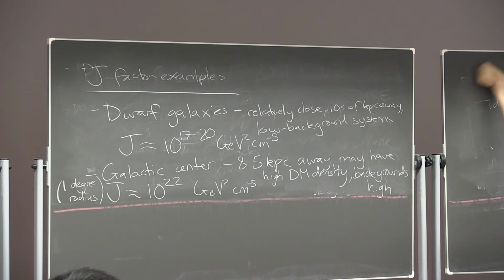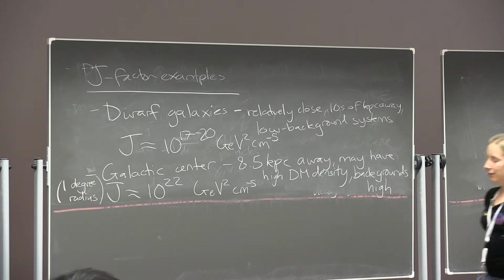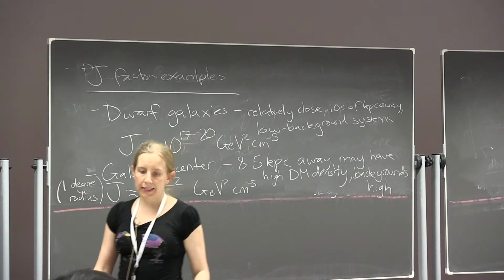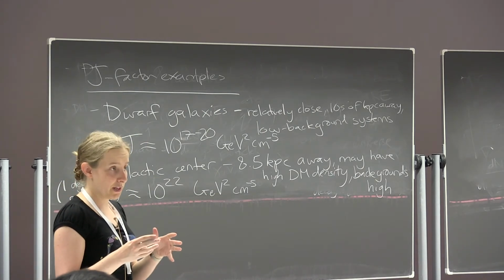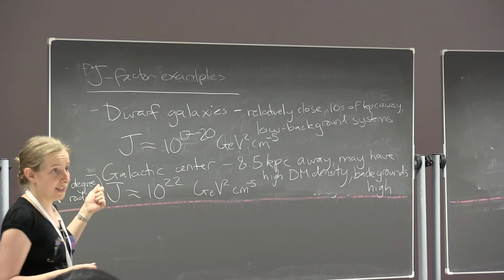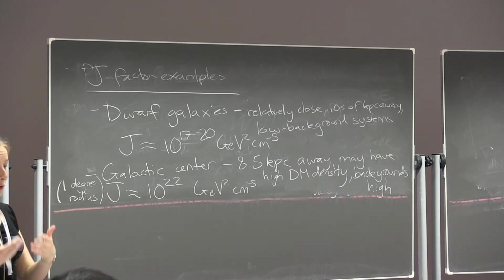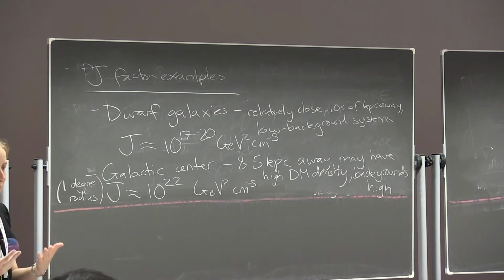The uncertainties in these J factors can be pretty large, but the type of uncertainty differs. For the dwarf galaxies, the challenge in ascertaining the J factors is mostly that they have very few stars associated with them. The way that you work out the dark matter density and the dark matter profile is similar to the old rotation curve studies by Rubin et al. back in the 1970s.